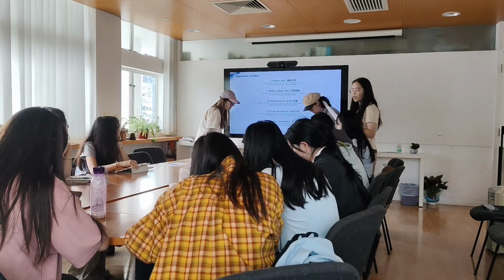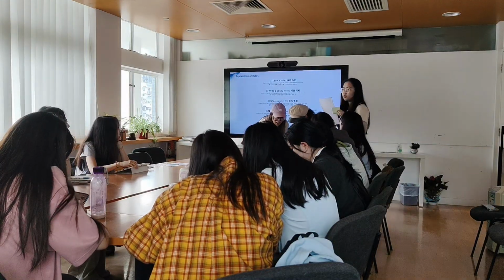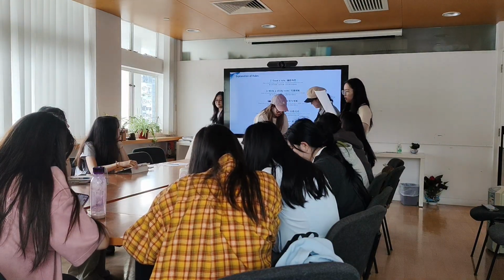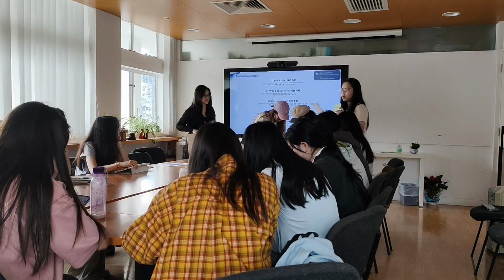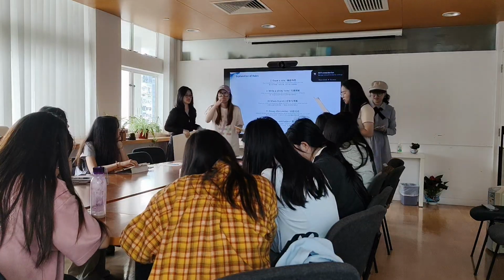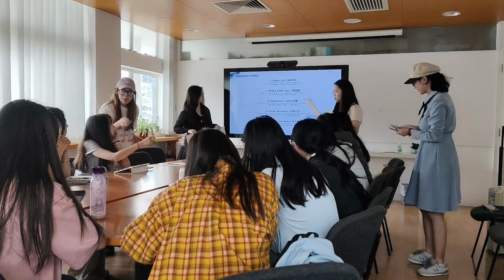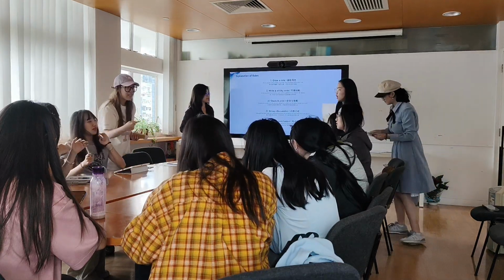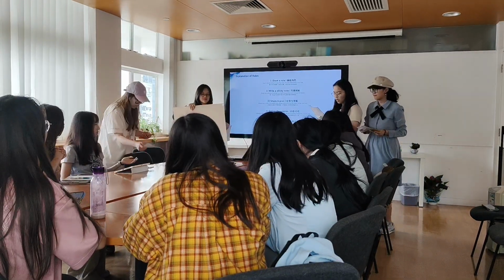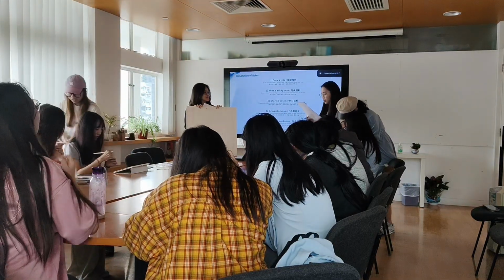Okay, after you get your role, take a sticky note and write one sentence on it. Then you can express your perspective, suggestion, and your reason. After writing, share your sticky note with your group and place it on the vote. And then discuss as a group.